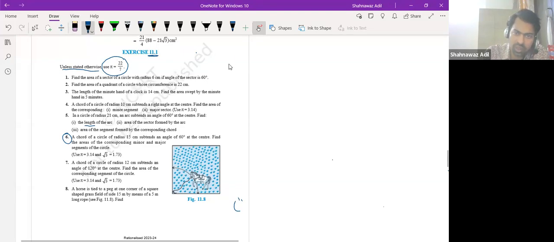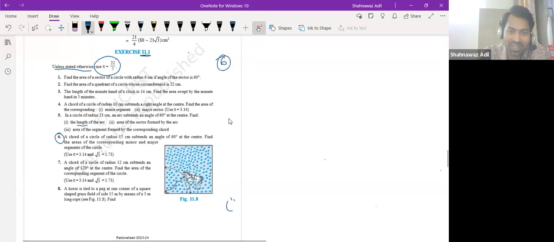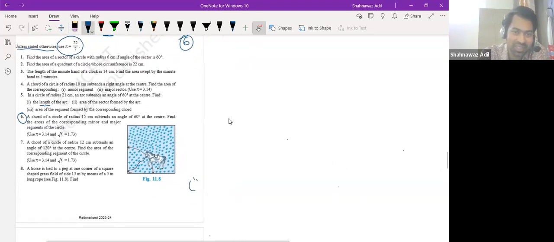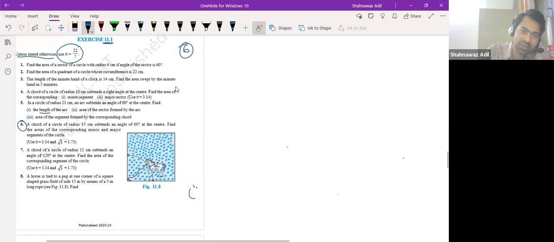Okay, so the sixth one. Now we have this major segment of it. Now we have to calculate this major segment. So we have a chord of a circle of radius 15 centimeters. We have a chord of length 15 centimeter.